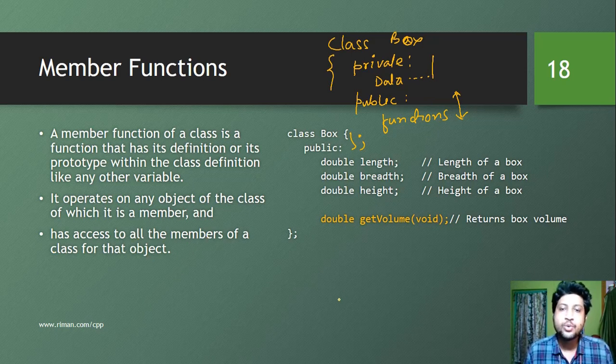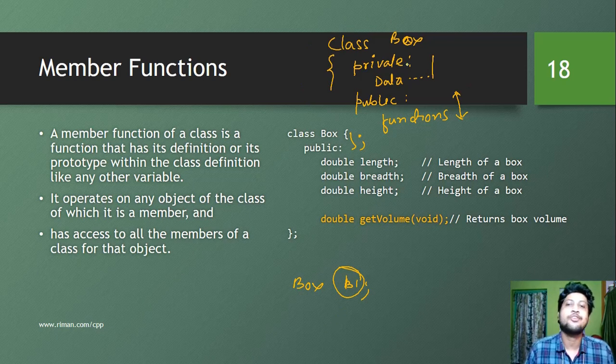So if you have some object of class Box, say Box b1, then through these functions b1 can access all the members of this class. b1 will have access to all the members of that class regardless of them being private members or public members. So this is how a member function works.